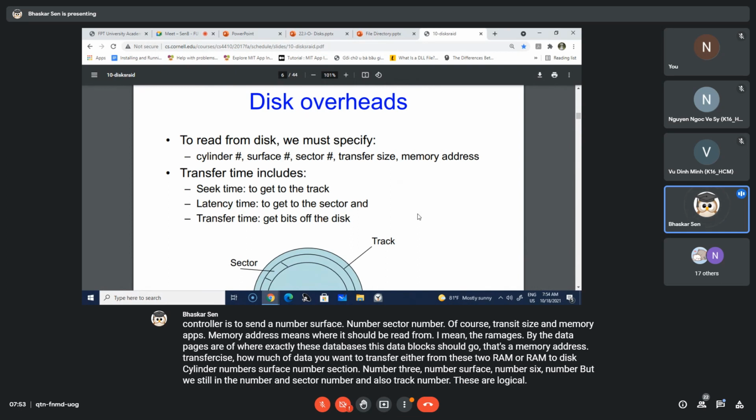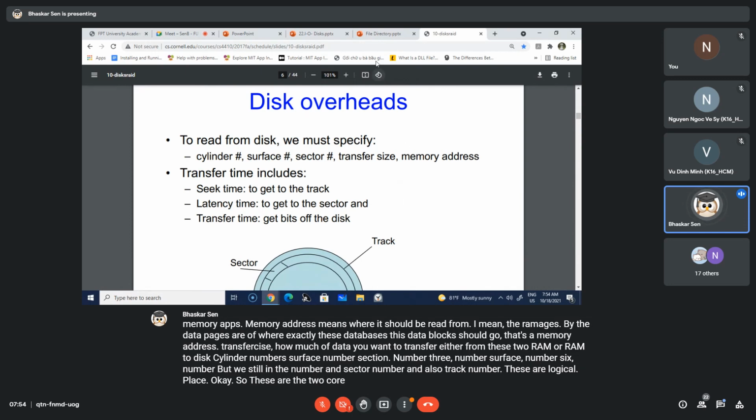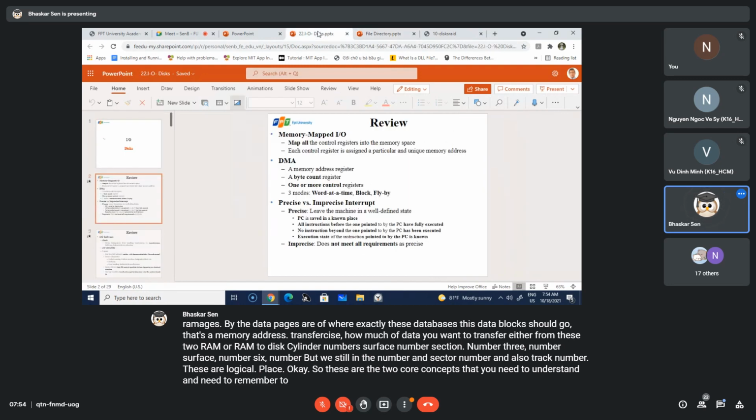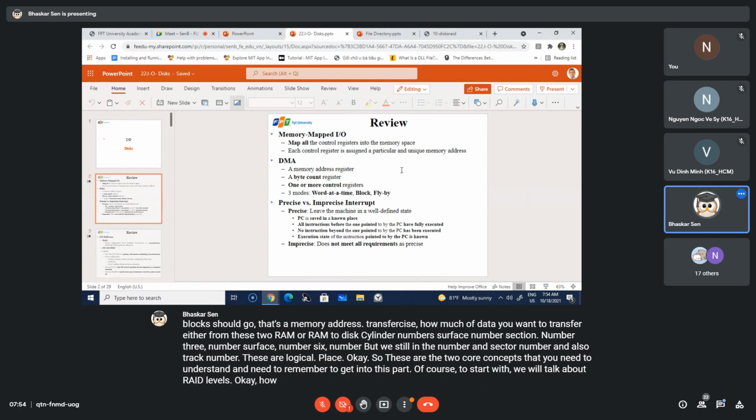Okay, so these are the two core concepts that you need to understand and remember to get into this part. Of course, to start with, we will talk about RAID levels, how these RAID levels work.